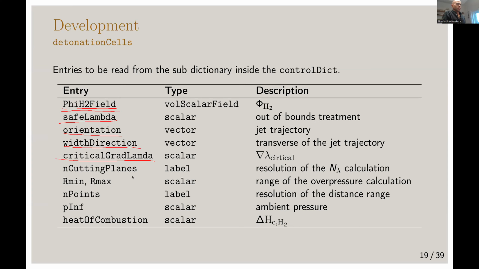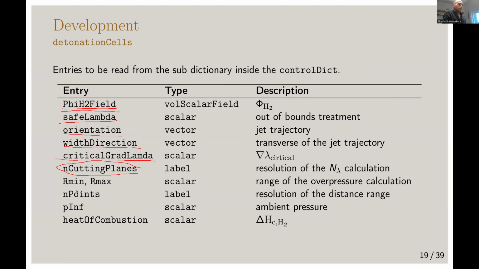And then you have to specify some planes, because when we calculate the detonation cell size, the number of detonation cells, I will slice the jet into a few different planes. So you can specify the number of planes. This is more like a resolution for that calculation.